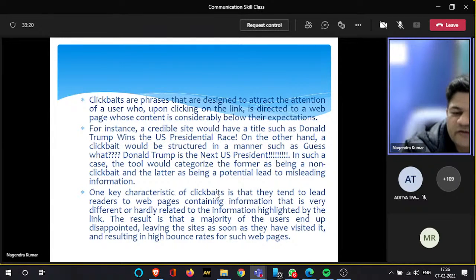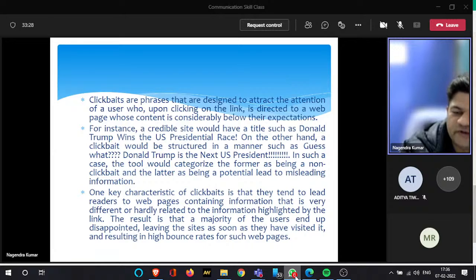One key characteristic of clickbaits is that they tend to lead readers to web pages containing information that is very different or hardly related to the information highlighted by the link, as I told you with the help of a couple of examples. And as a result, what happens? The majority of the users end up disappointed, leaving the sites as soon as they have visited them. And this results in a high bounce rate.